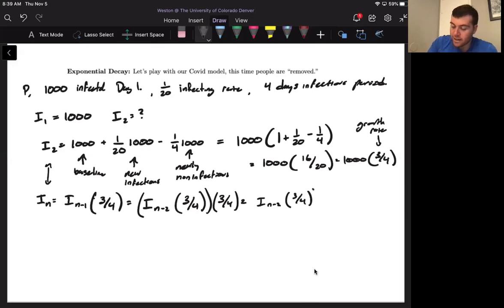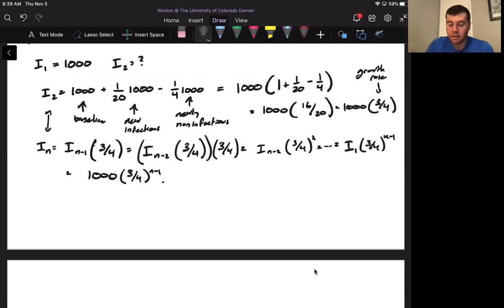And we carry that all the way down to I1 times 3/4 to the n minus 1, which is 1,000 times 3/4 to the n minus 1.